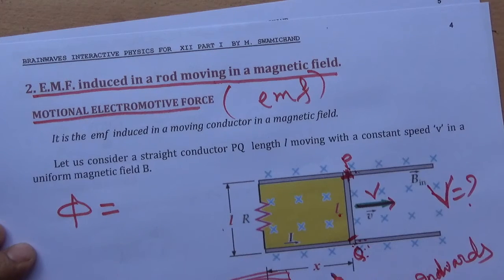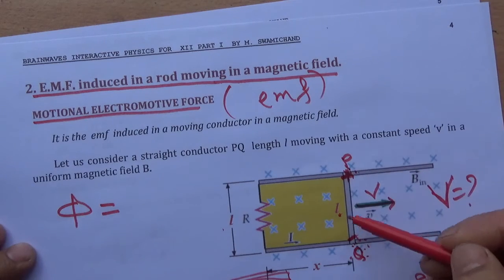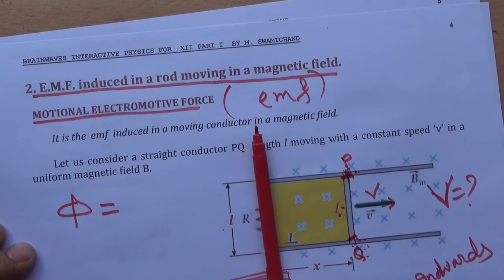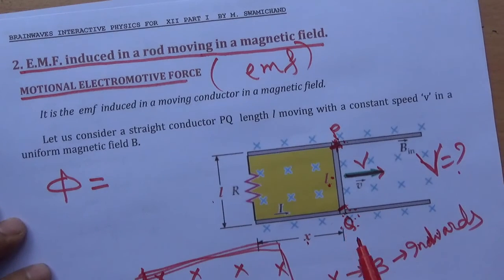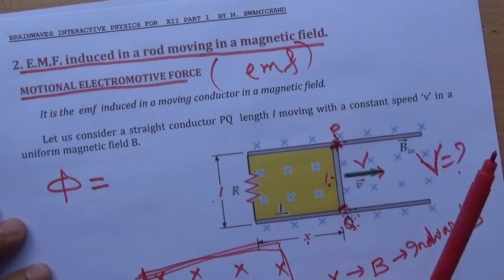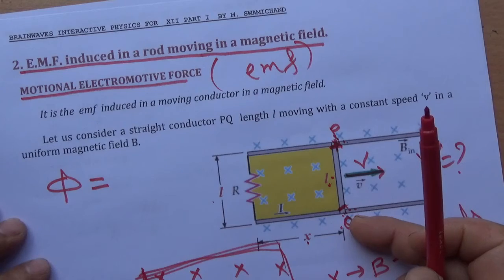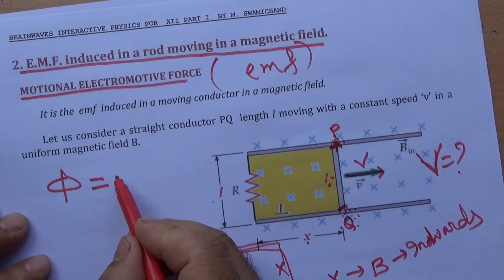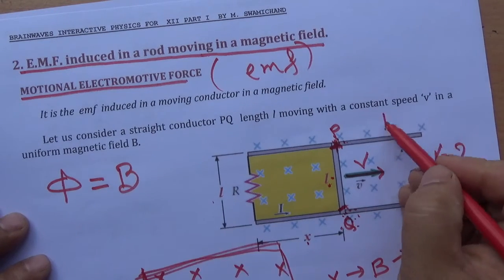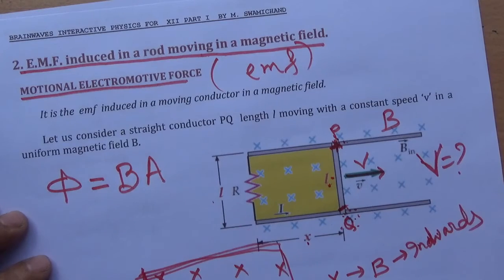Suppose the conductor moves a distance x, and the length of the conductor is L. The flux is the magnetic field B times the area A.